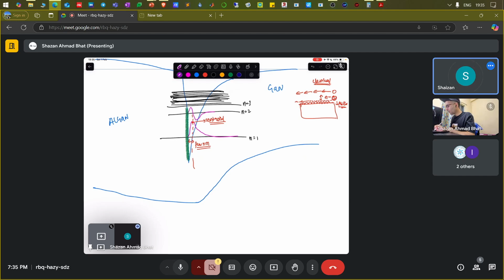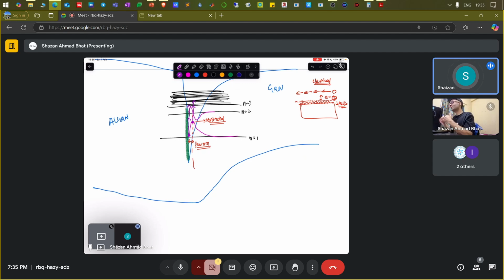If an electron moves at this particular wall in this fashion, it will face more resistance because there are interfacial states present at the interface. But because the electron maximum peaks here, it moves inside the channel, away from this wall, away from this interface.